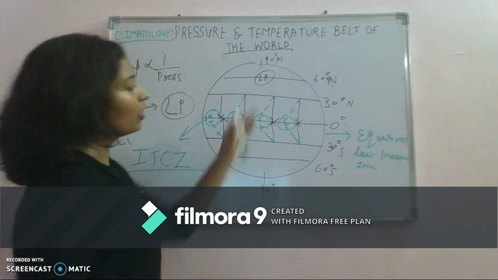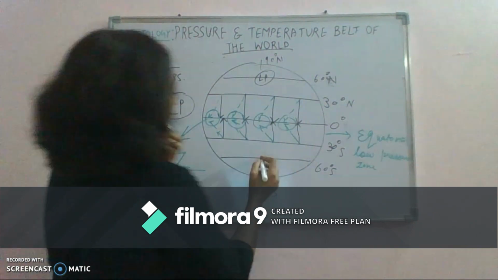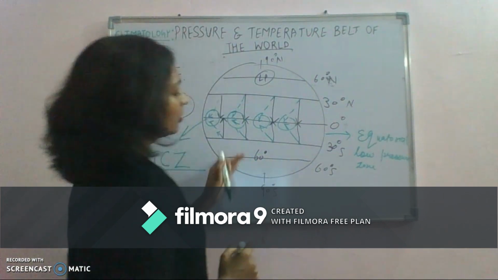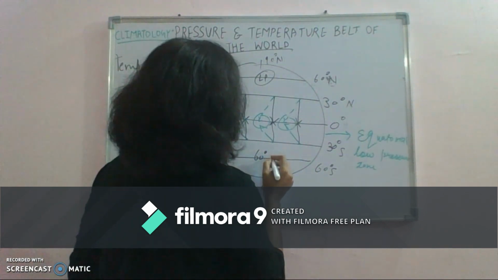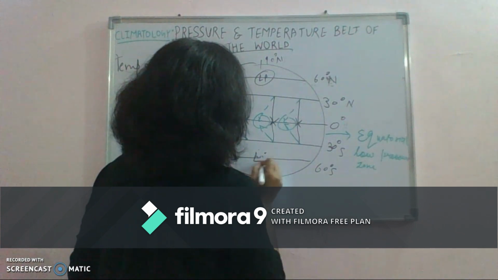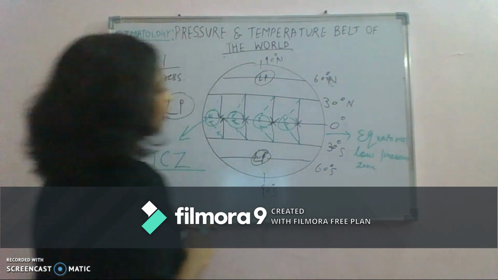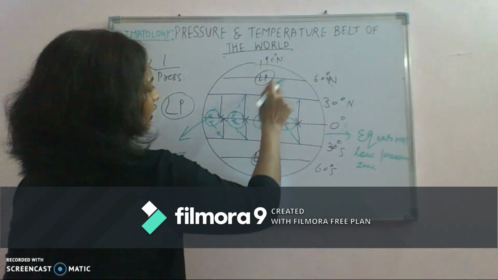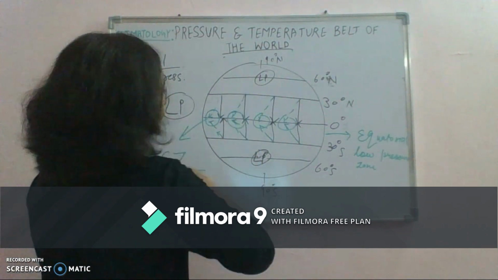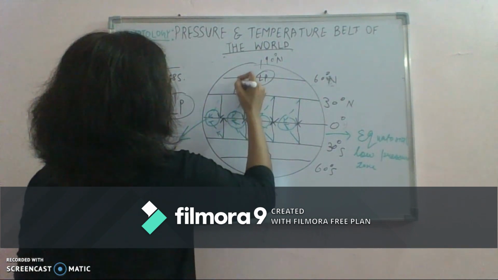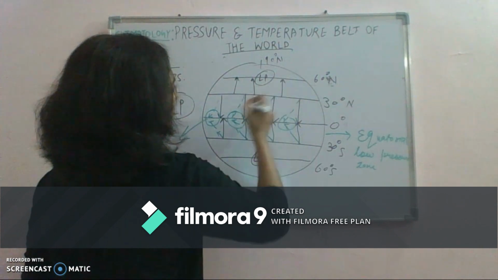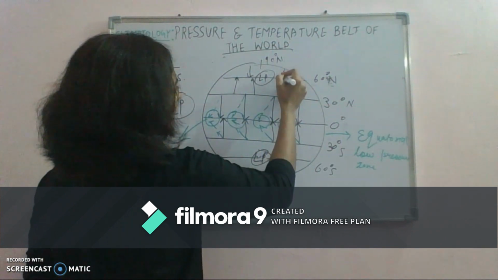Since pressure is low at 60 degrees north and low at 60 degrees south, by the rule the wind in the northern hemisphere will move in this direction, from high pressure to low pressure zone, and like this.